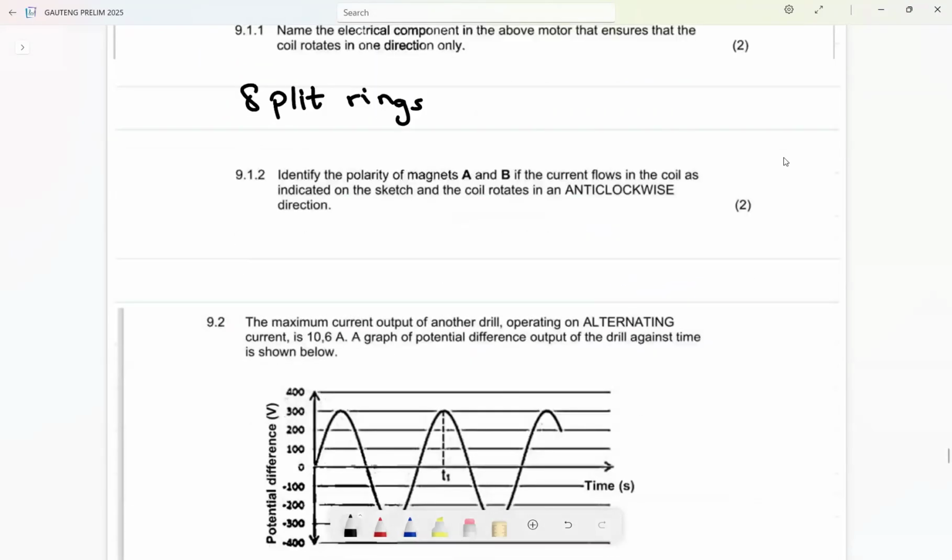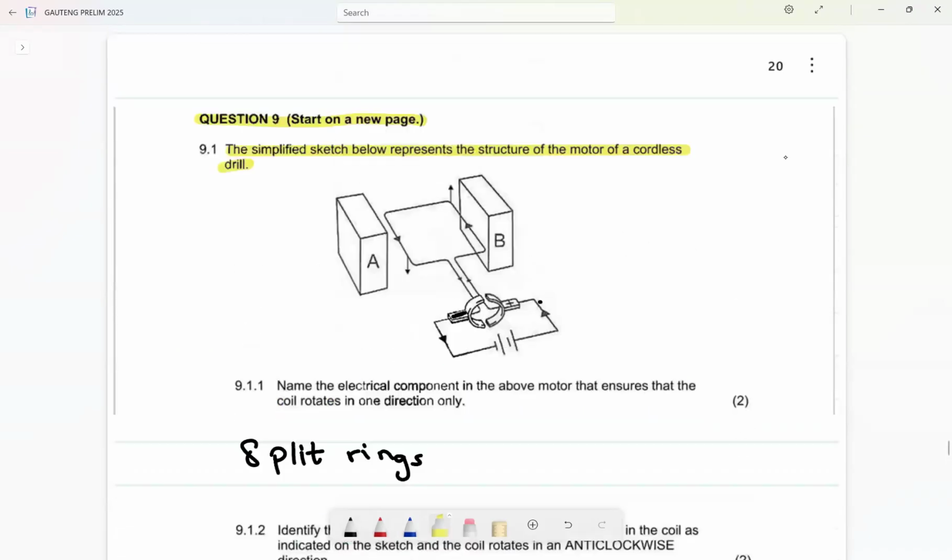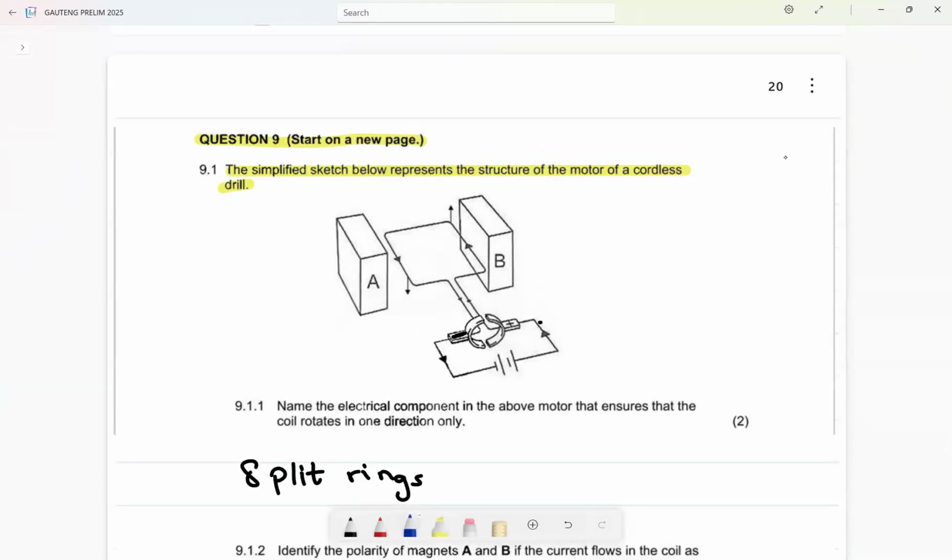Split rings. Okay. Identify the polarity of magnet A and B if the current flows in the coil as indicated in the above sketch. So we need to know which one is north, which one is south. Now, the current is moving towards me. Remember, this is a motor, so for a motor we use the left hand rule.